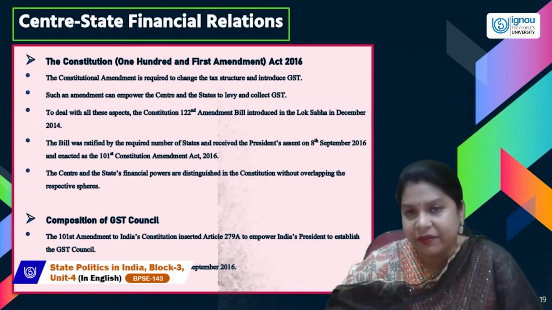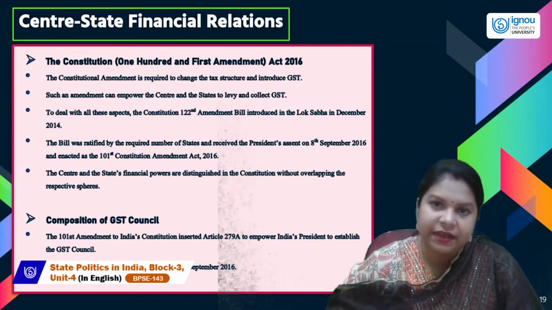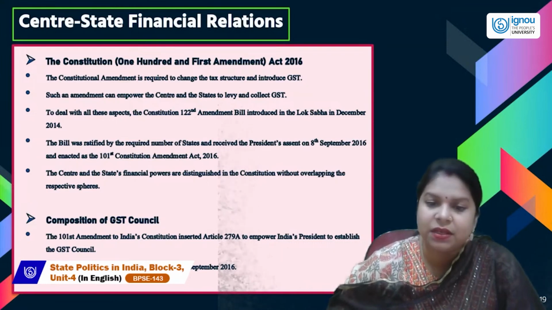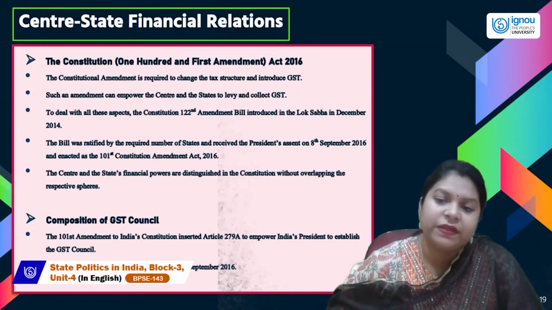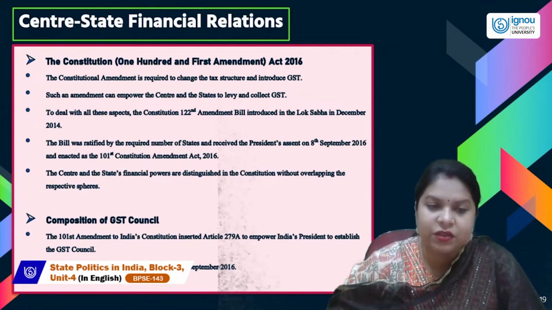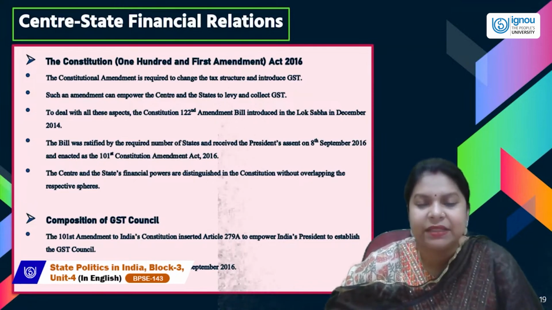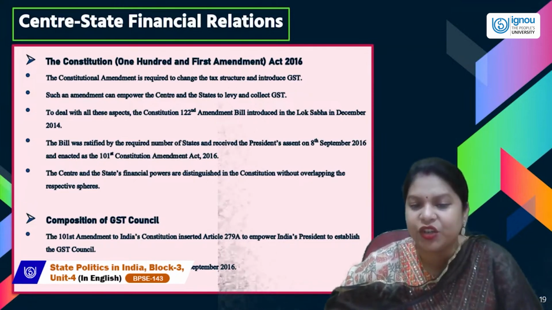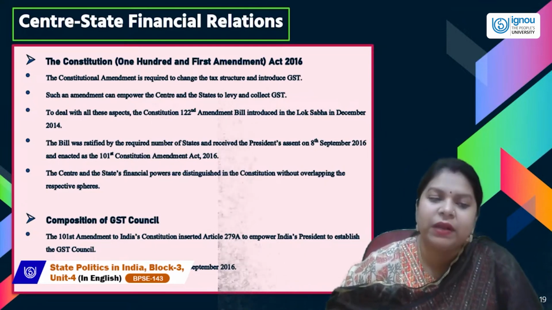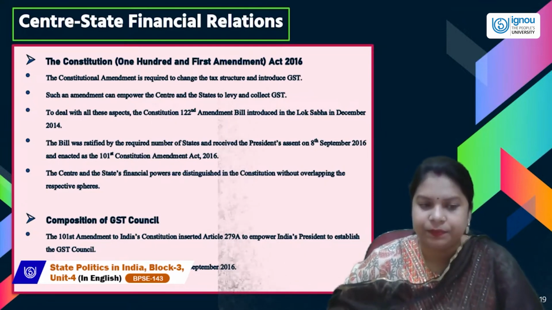The bill was ratified by the required number of states and received the President's assent on 8th September 2016, and was enacted as the 101st Constitution Amendment Act 2016. The center and the states' financial powers are distinguished in the Constitution without overlapping the respective spheres.